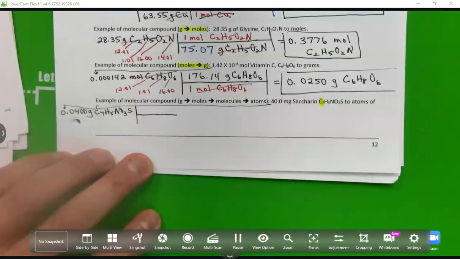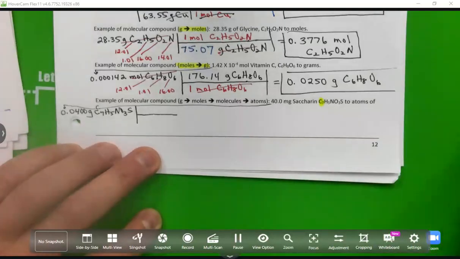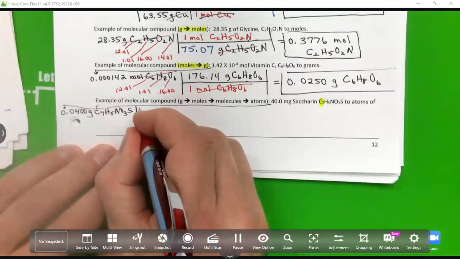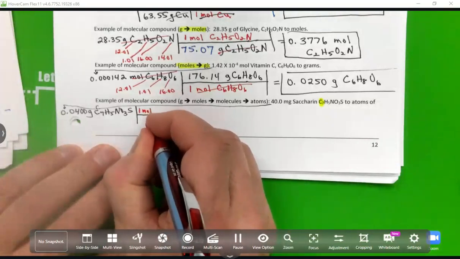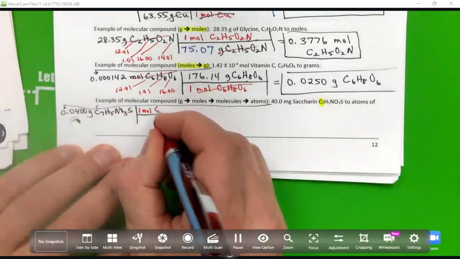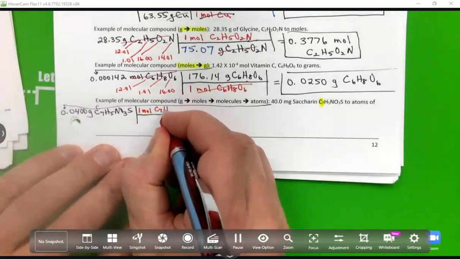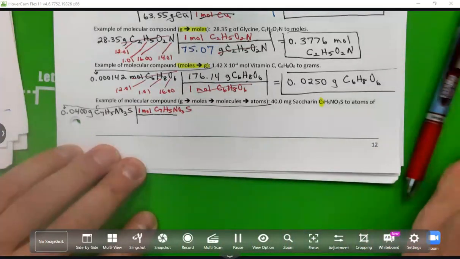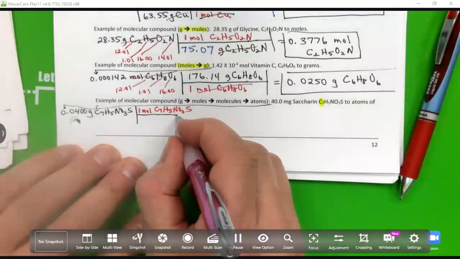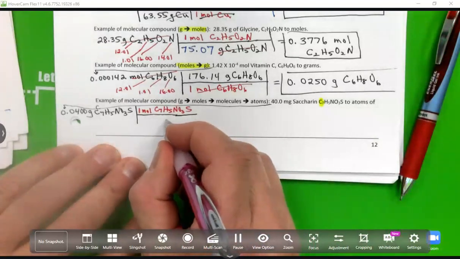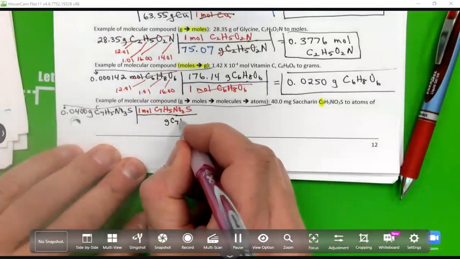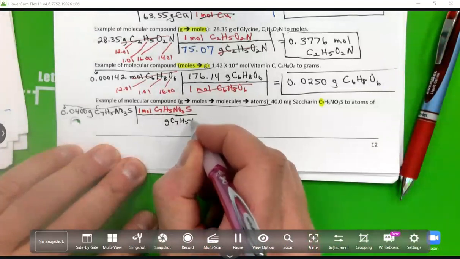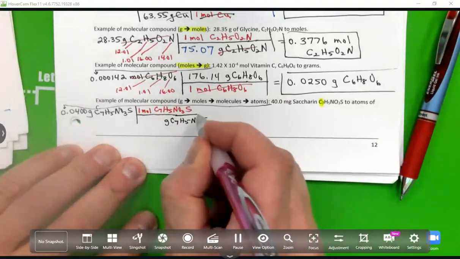And the very first thing we need to do, no matter what, if you haven't got moles, find moles. This is going to be 1 mole C7H5NO3S, grams C7H5NO3S.